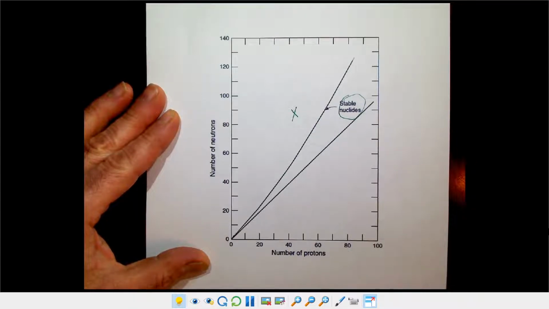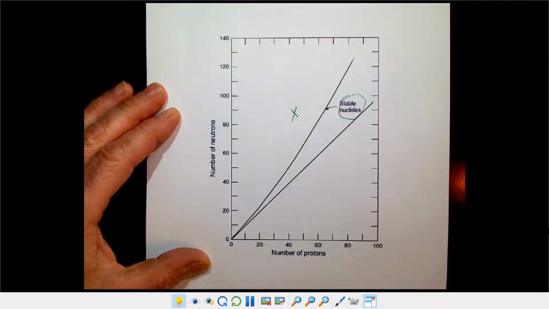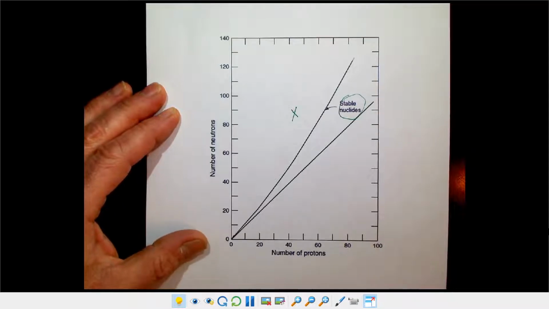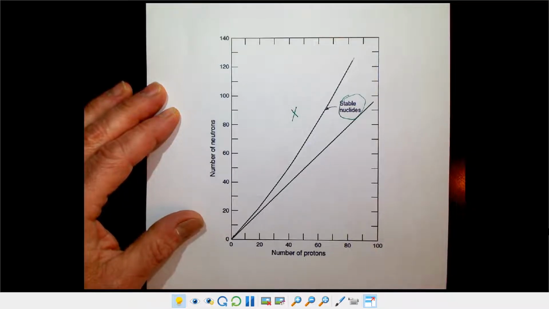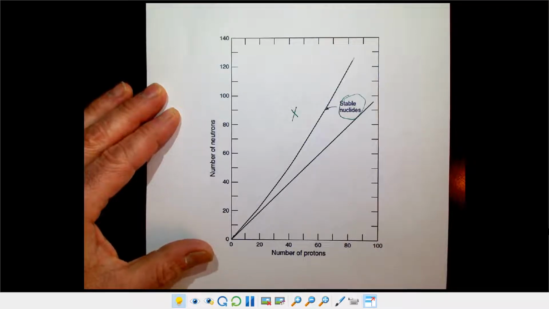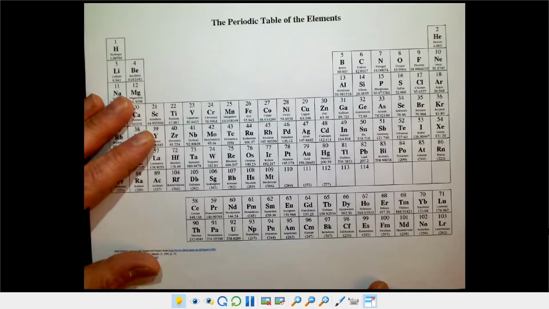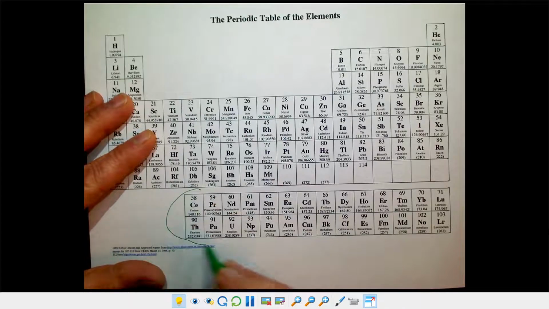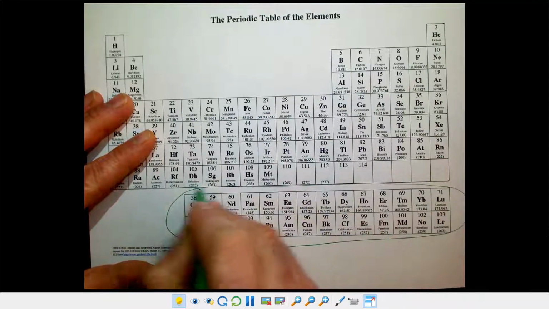Okay, so there is a way that you can actually predict which elements are going to be more radioactive than others. But in general, they're usually very large atoms on the periodic table, or they're at least ones that have a lot more neutrons than they do protons. And so where are the larger atoms on the periodic table? Well, of course, they're on the bottom, right? So if you take a look at a periodic table, all these guys actually are radioactive down here.